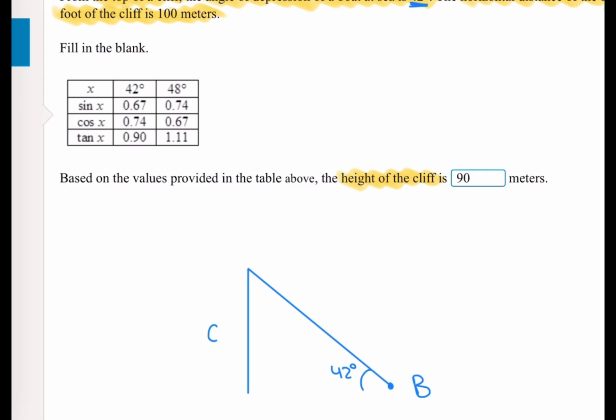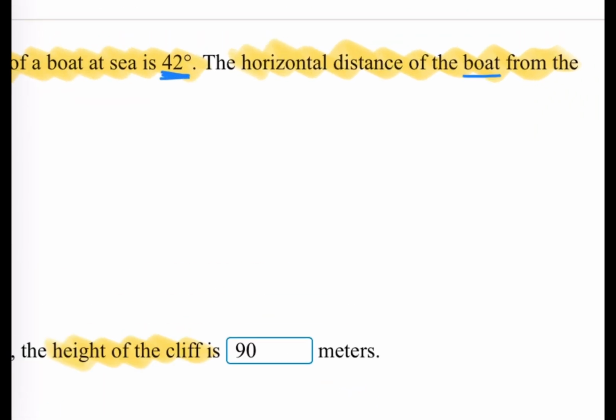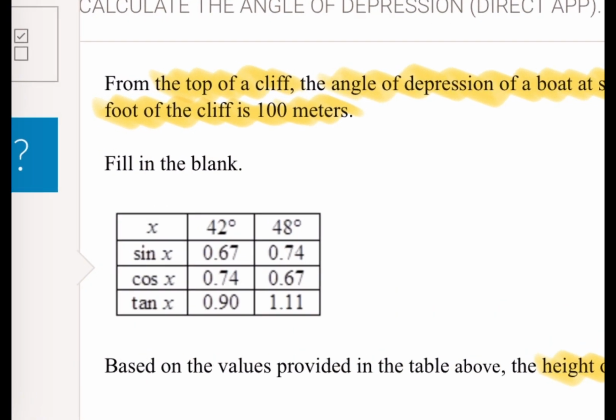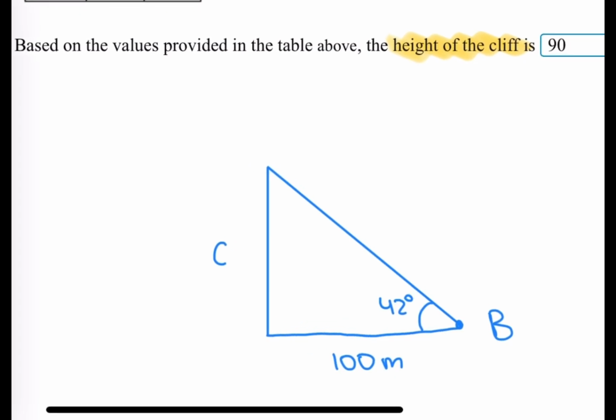They also told us that the horizontal distance of the boat from the foot of the cliff is 100 meters. The foot of the cliff means the bottom of the cliff. So the horizontal distance is 100 meters. Now they want us to find the height of the cliff.